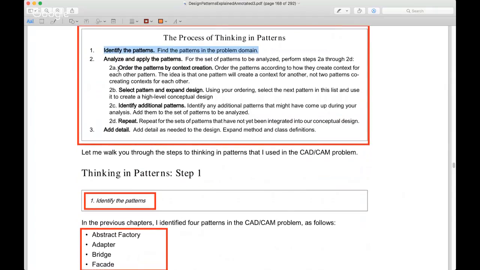So we have the patterns, and he's going to go through, okay, how do we order the patterns by context creation? And where I got hung up is, okay, well, what's a context? And I've gone through several evolutions of what a context is.